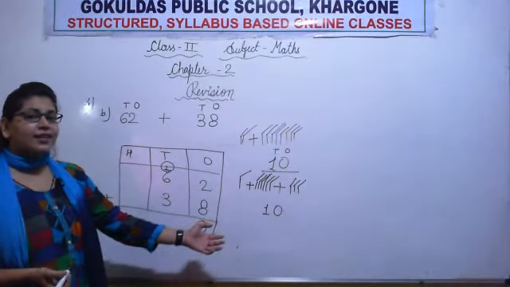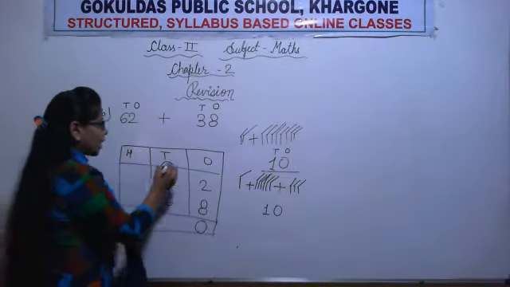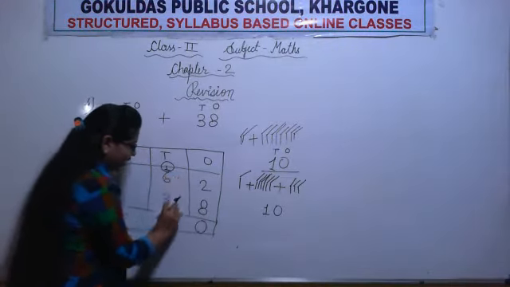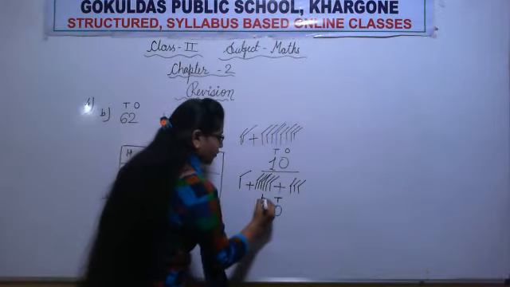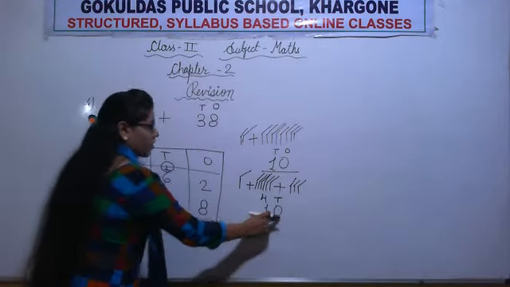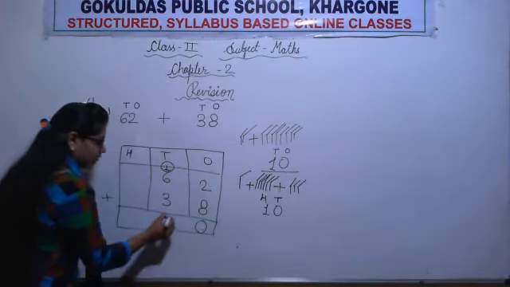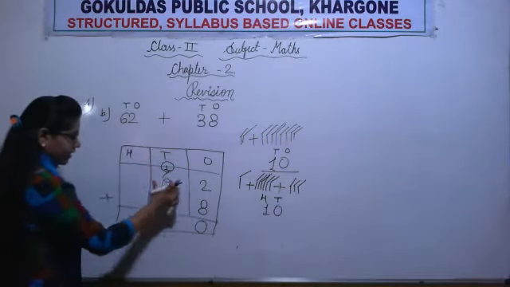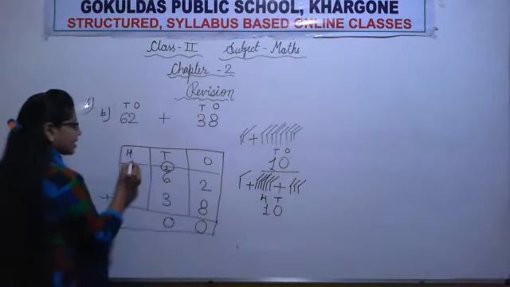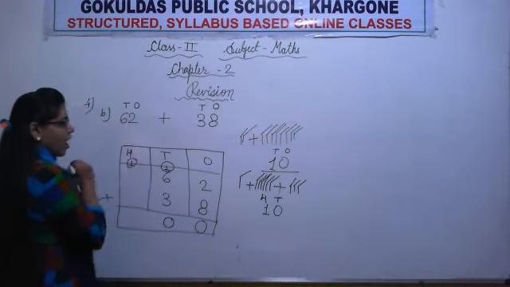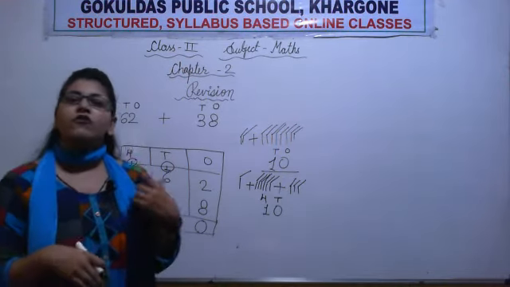Am I correct? No, I am wrong. We added tens. So this is our tens place and what comes after tens is hundreds. So we will write hundreds here. Now this 0 we will write in tens column and this one in the column of hundreds in the form of carry.